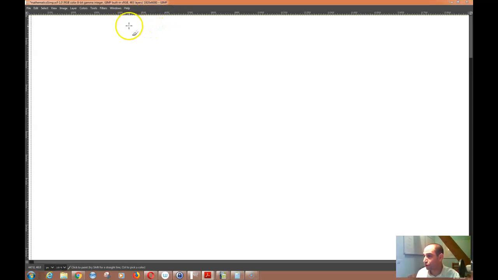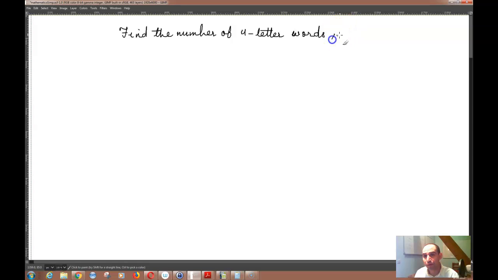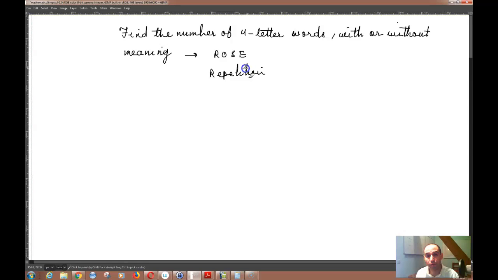The word rows: you wanted to find the number of 4-letter words, with or without meaning, which can be formed out of the letters of the word rows, where repetition of the letters is not allowed.